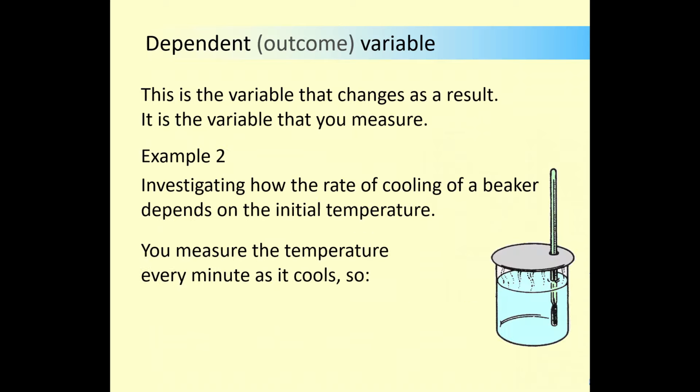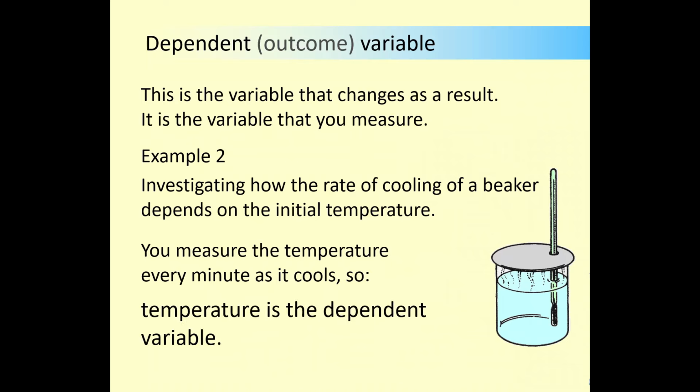In this example, rate of cooling of a beaker. There was hot water in the beaker. You placed a thermometer in it, note down the temperature, and then you see that how fast this water gets cold. So what's dependent variable?